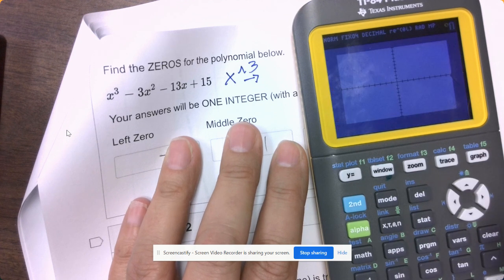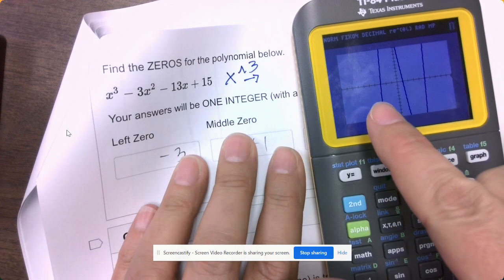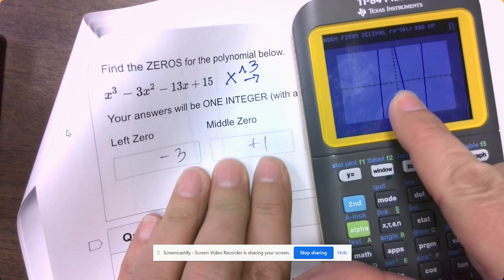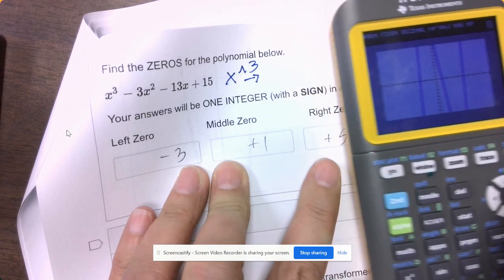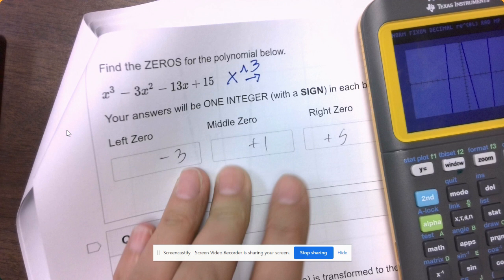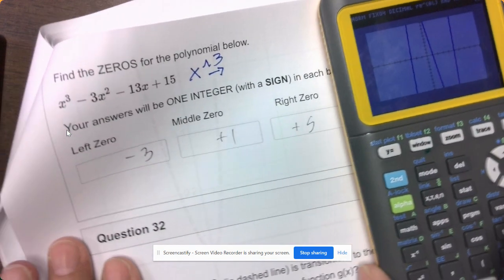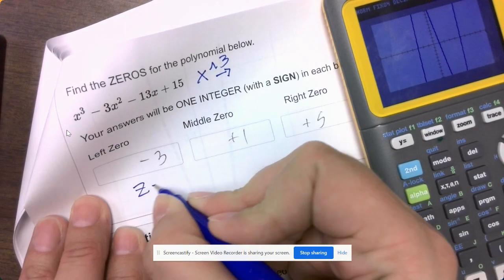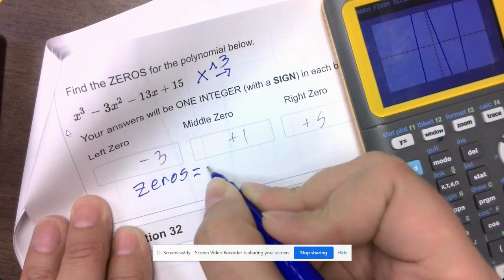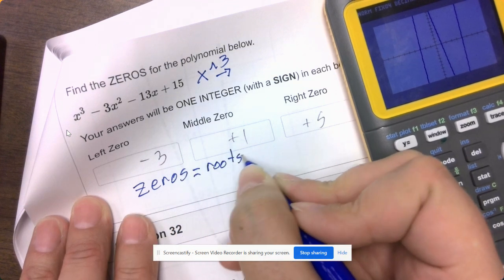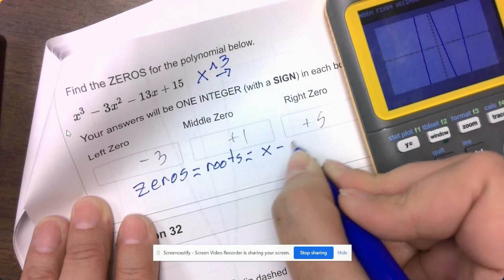I graph it. Okay, so we got negative 3, 1, and 5. Those are our zeros. Those are our x-intercepts. Zeros, roots are our x-intercepts, our solutions.